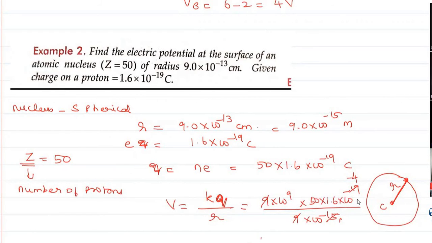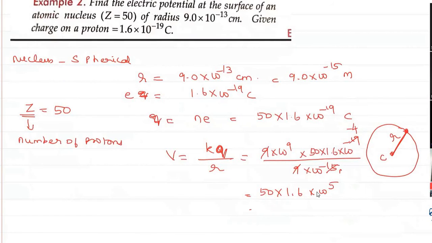So that will give you 50 into 1.6 into 10 to the power 5. Okay. So 16 fives are 80, correct, right? Into 10 to the power 5. So 8 into 10 to the power 6 volt. Clear or no?